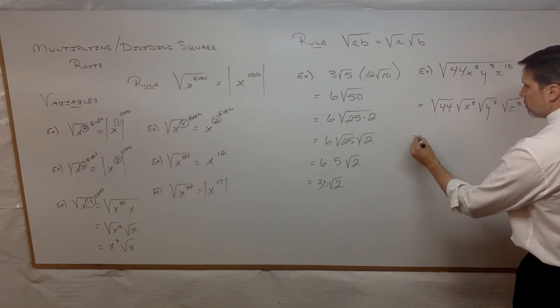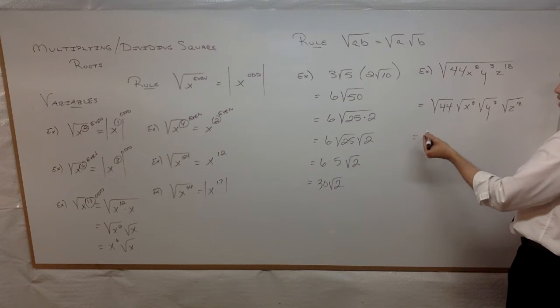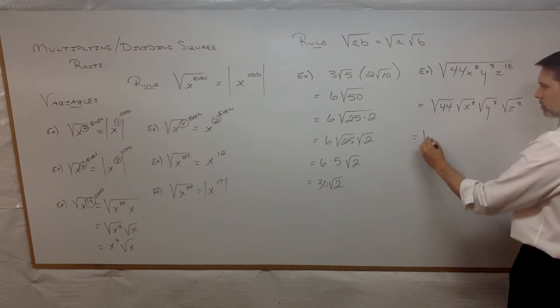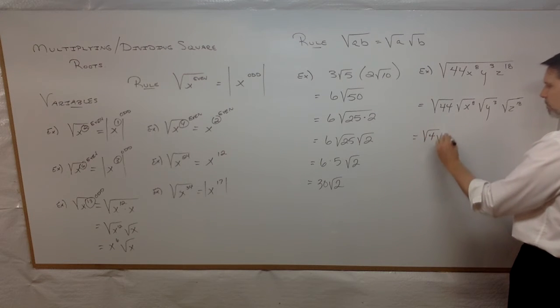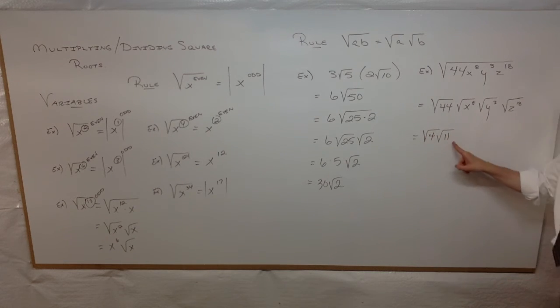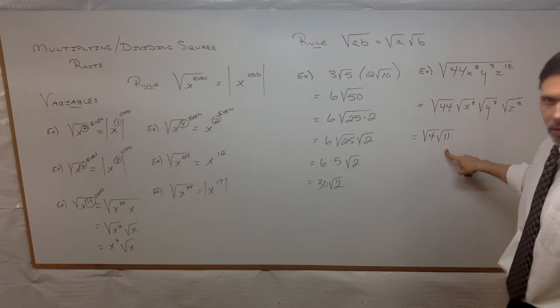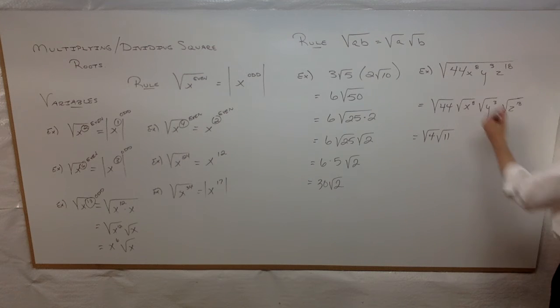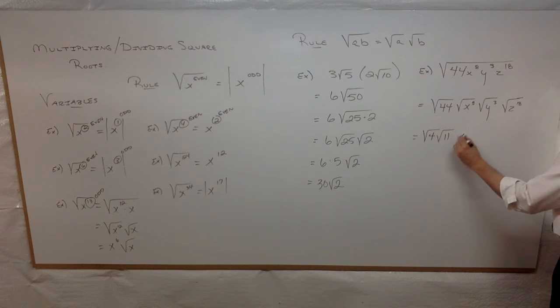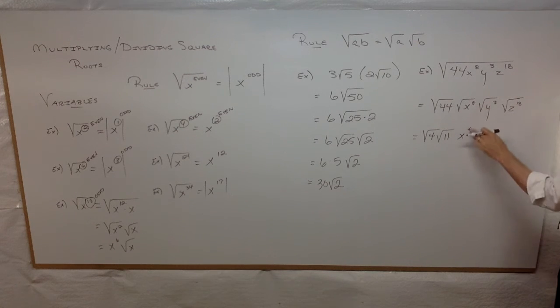So what is the square root of 44? Well, what is the largest perfect square? I think it's just 4. So let me actually split that up into the 2 parts that it is, 4 and 11. The square root of x to the 8th is a perfect square. That would be x to the 4th, even, no absolute value. Now y cubed starts off odd, so I'm not worried about it.